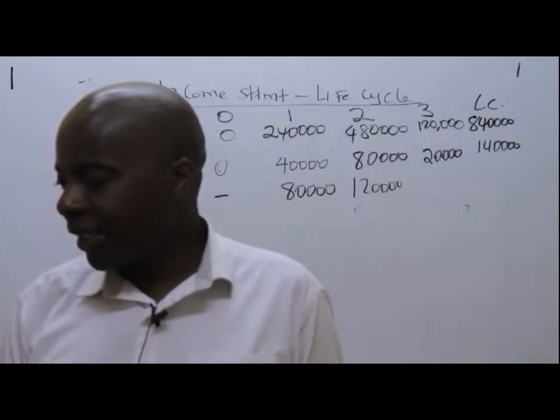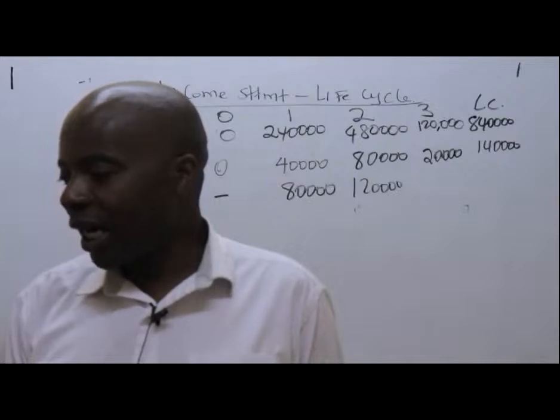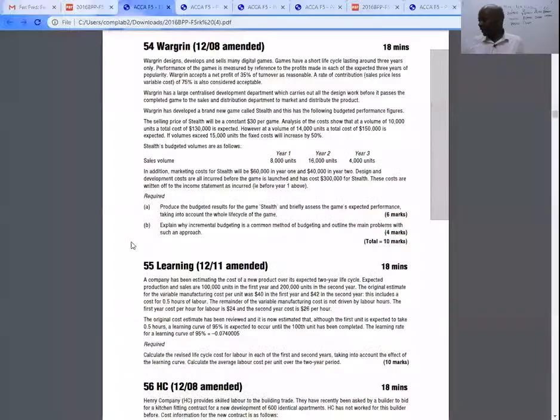Thank you very much. So for the next year, of course, the units are below 15,000. You can see there are only 4,000 units. So what we need to do is recognize 80,000, and then you give me the life cycle cost. LC stands for life cycle.